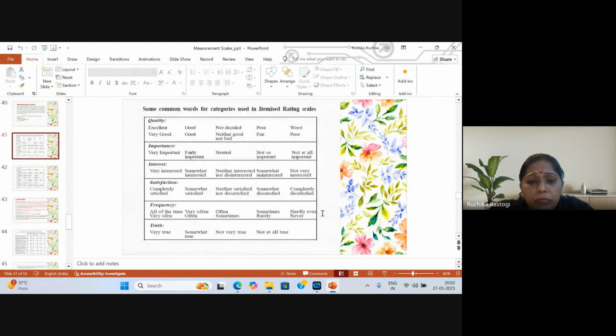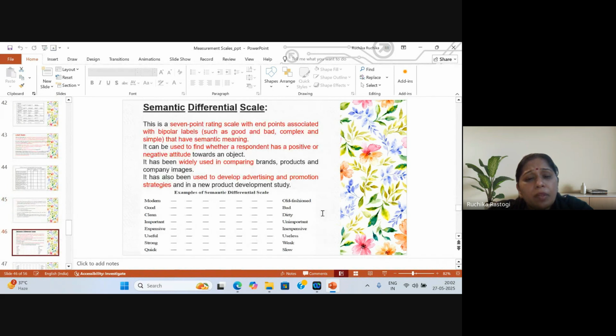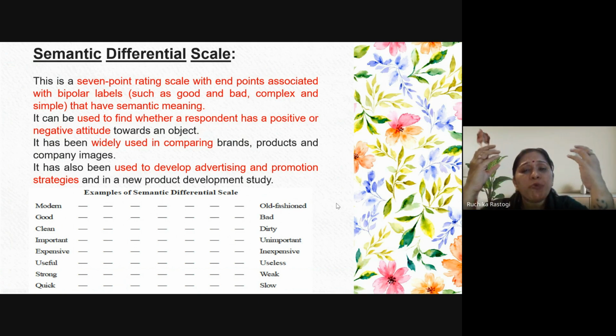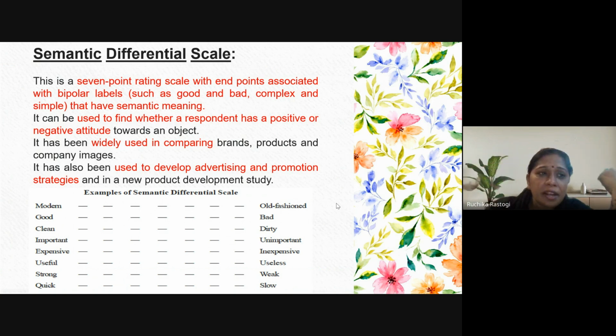Now, the second one is basically the semantic differential scale. What is the semantic differential scale? This is again fixed. You can't change this. If you think that people can give you responses on the basis of some bipolar labels, like you are going to a restaurant and when you are leaving, the manager approaches you and asks, sir, was the restaurant clean or dirty?